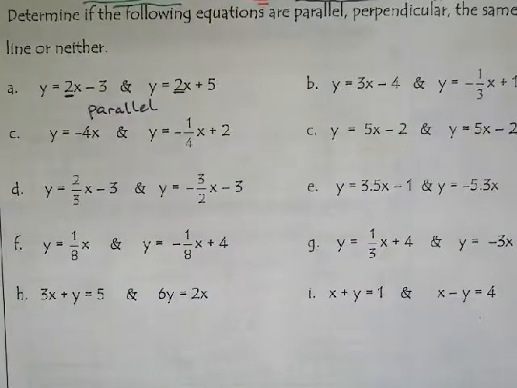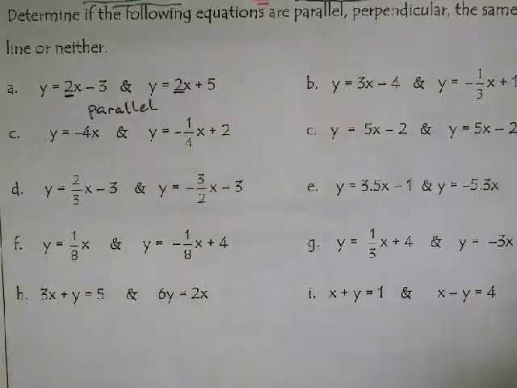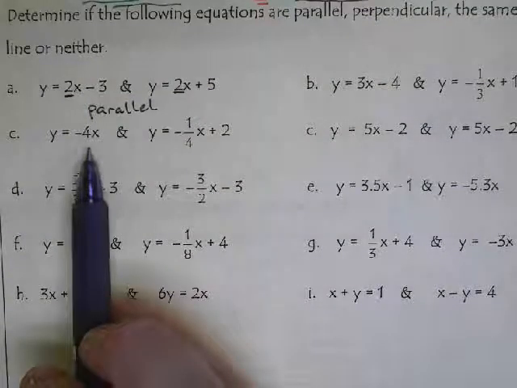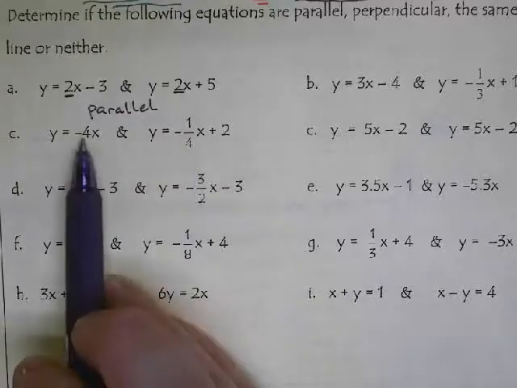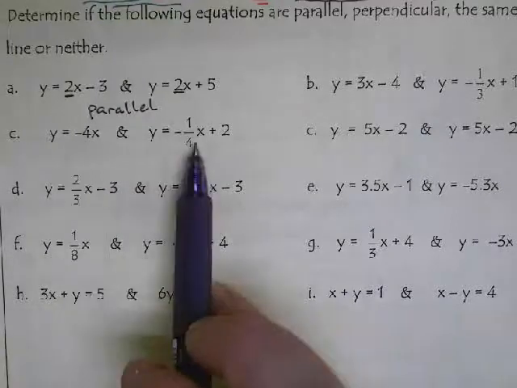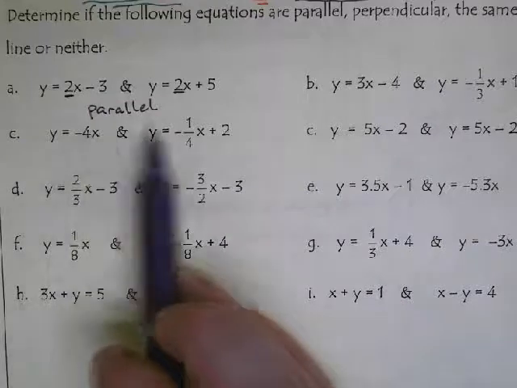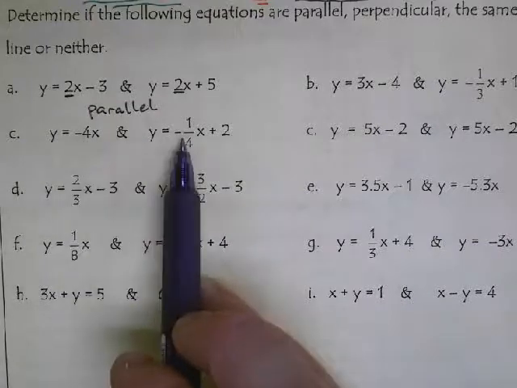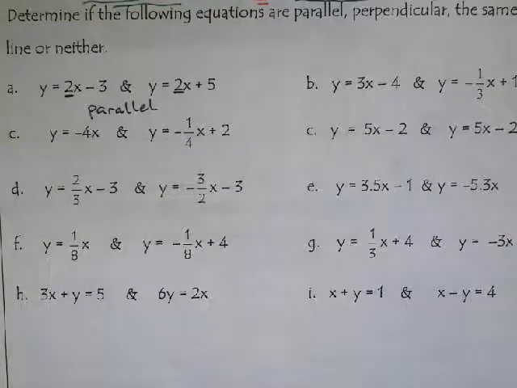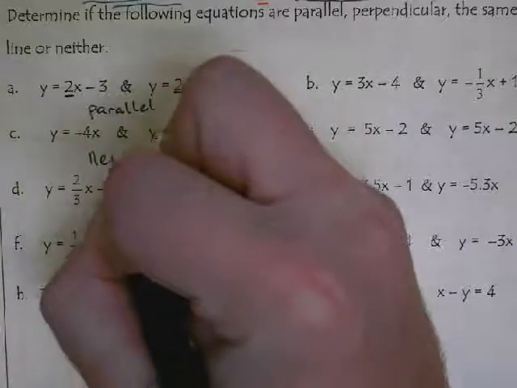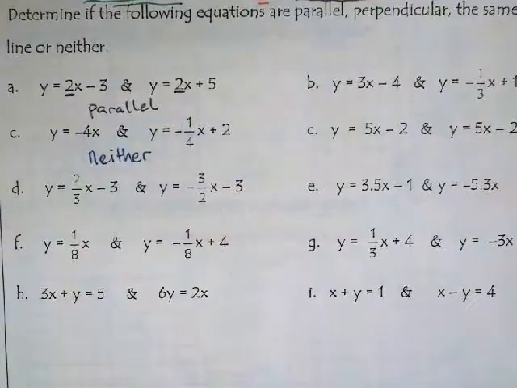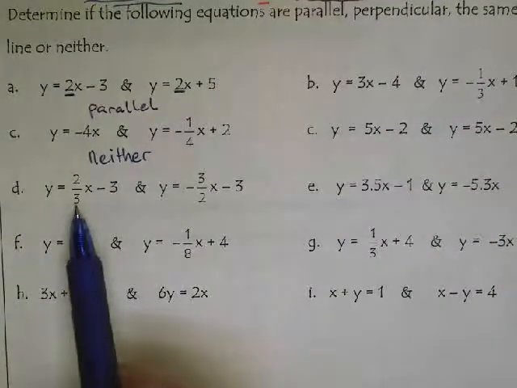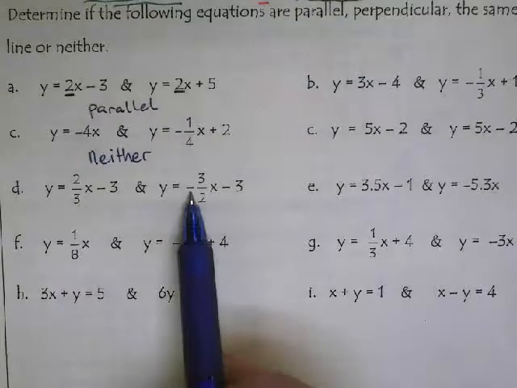Let's look at C. I have -4 and -1/4. Now I do have reciprocals, 4 and 1/4, but they're not opposite one another. One's negative and the other's negative. So this would be neither. Let's look at letter D. 2/3, -3 over 2.